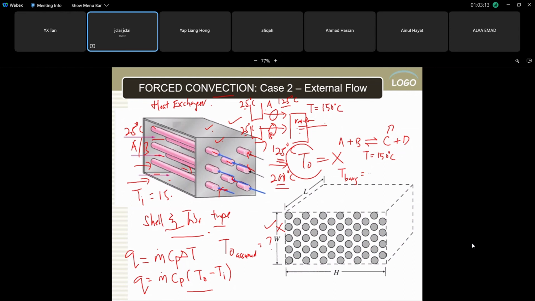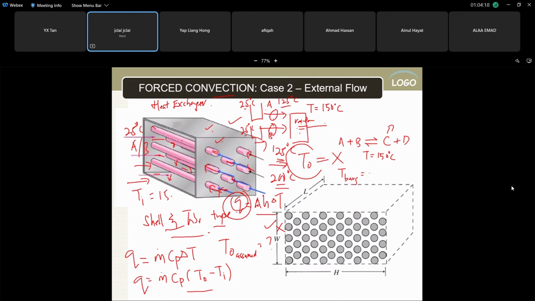Because the total heat transferred from the tube to the air, which you calculate using h A delta T, through the banks of tube, should be the same as the heat used to raise the temperature of the air.